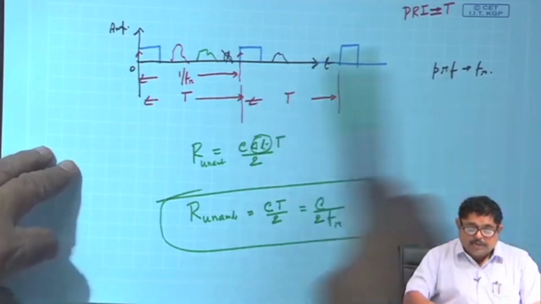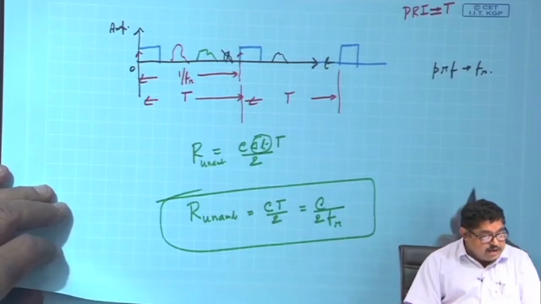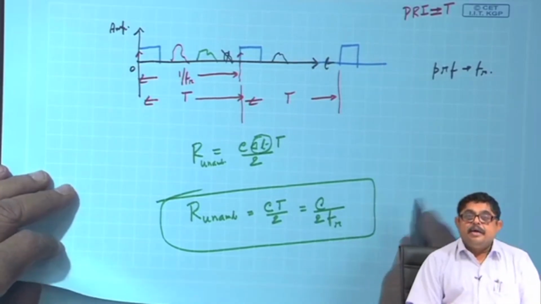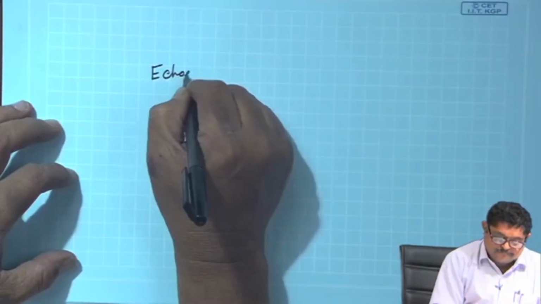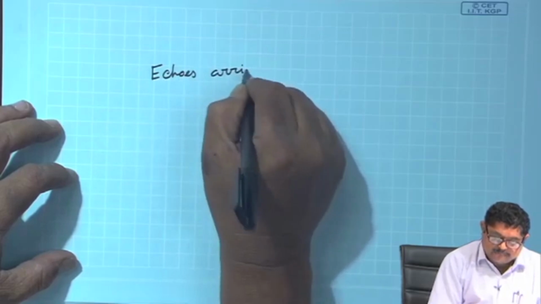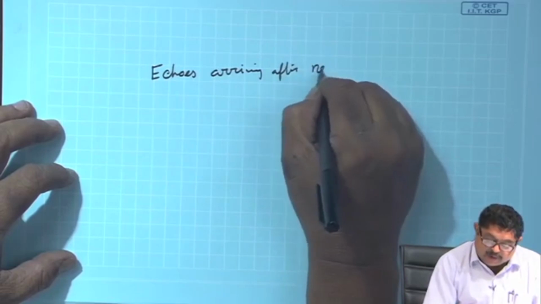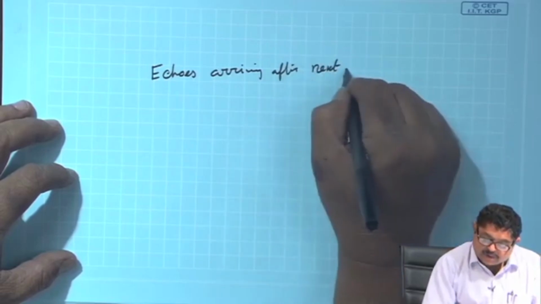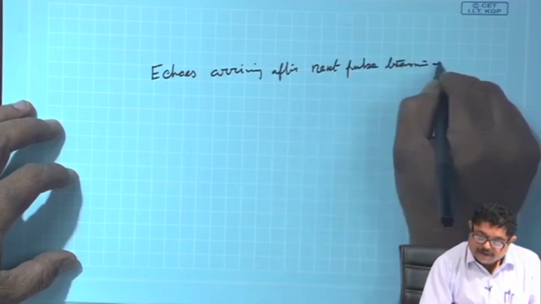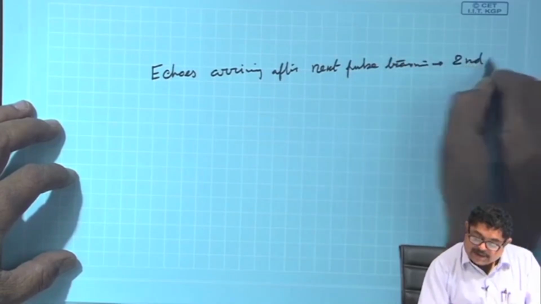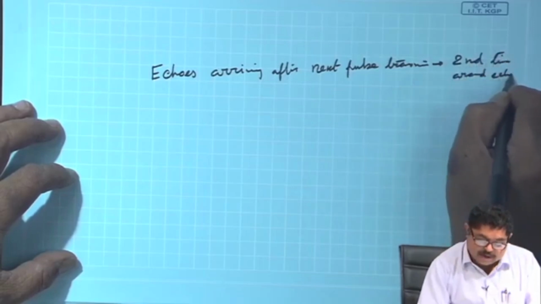Achha. Now, there are a few more terminologies here. Echoes arriving after the next pulse transmission are called second time around echoes. The meaning is obvious.